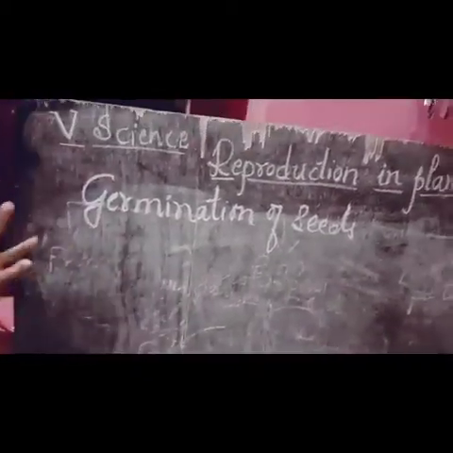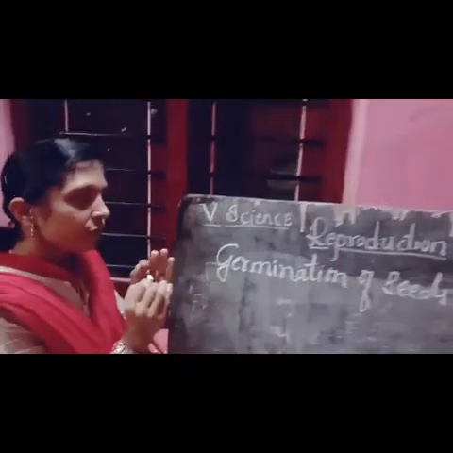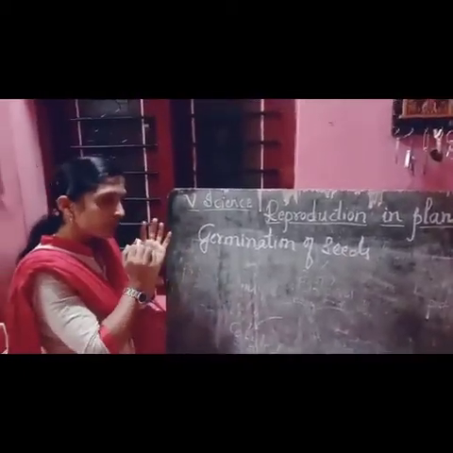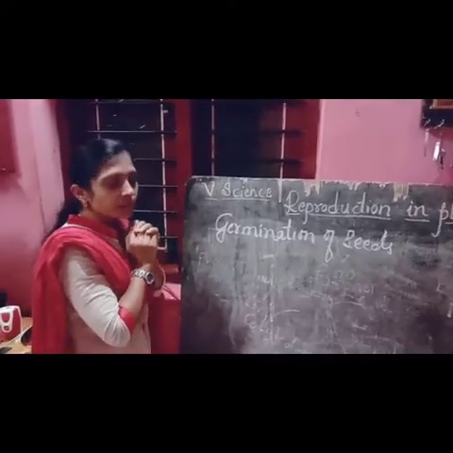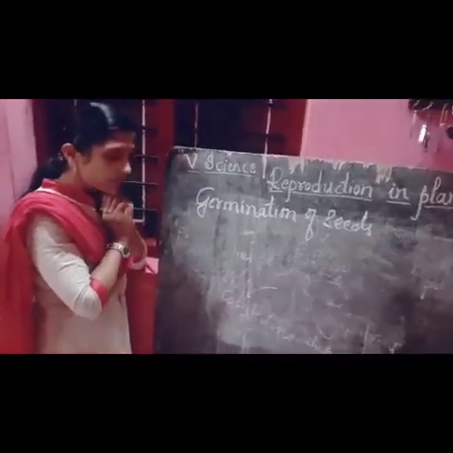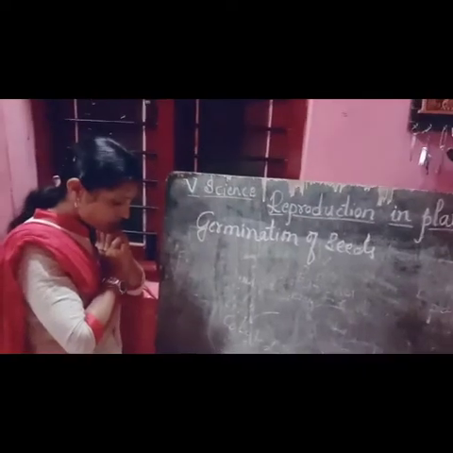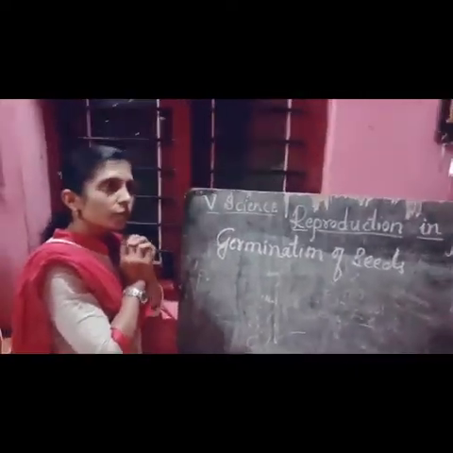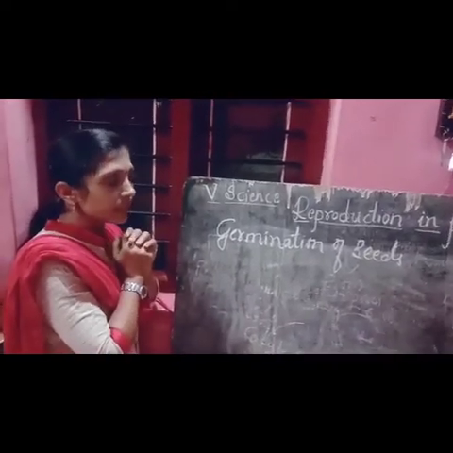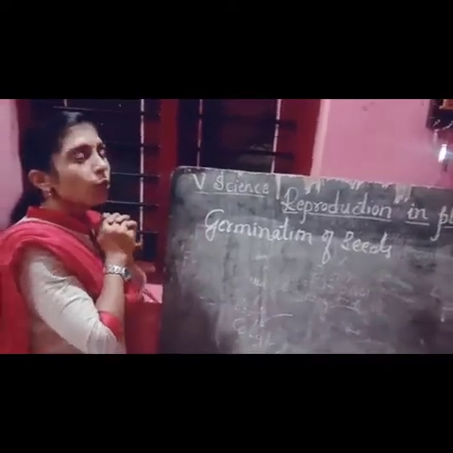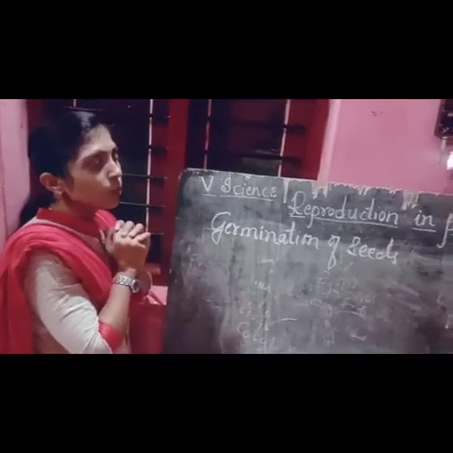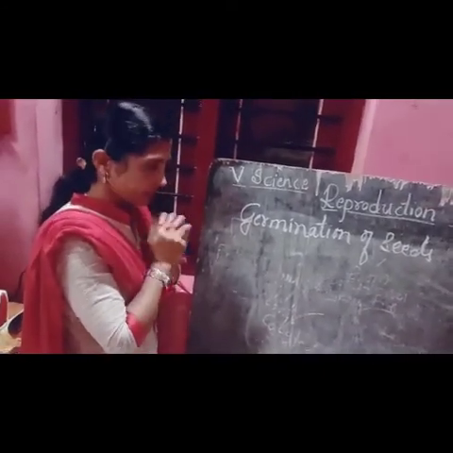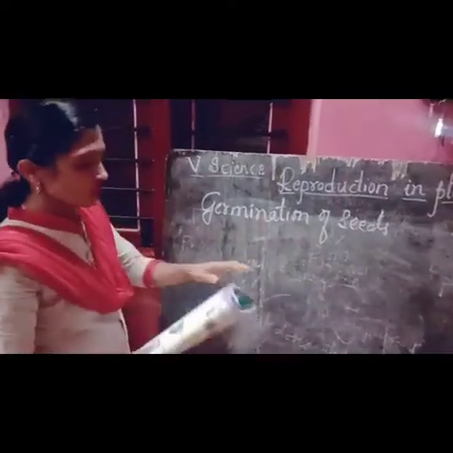So when you sow the seed and it grows into a new plant, a small plant, a baby plant, then we call it germination. As I told you earlier, seeds grow into a new seedling. Seedling means baby plant. Only when it gets a proper amount of water, temperature and air does a seed grow into a new plant.